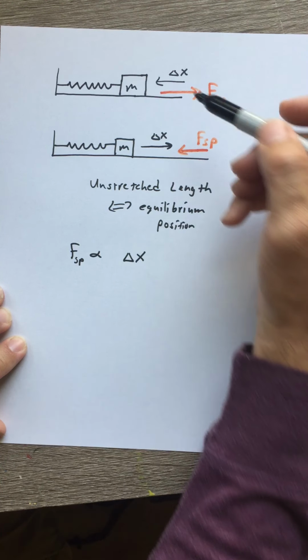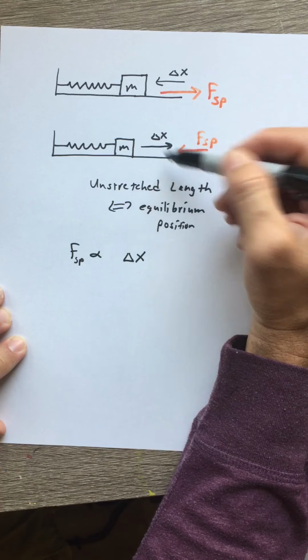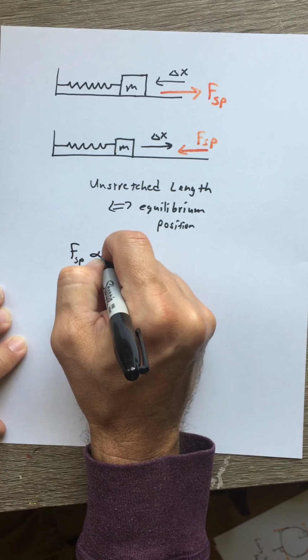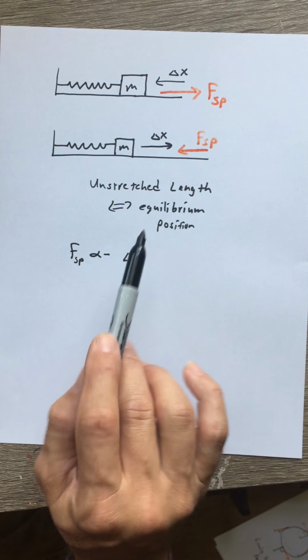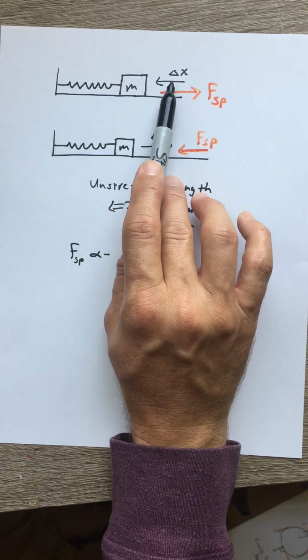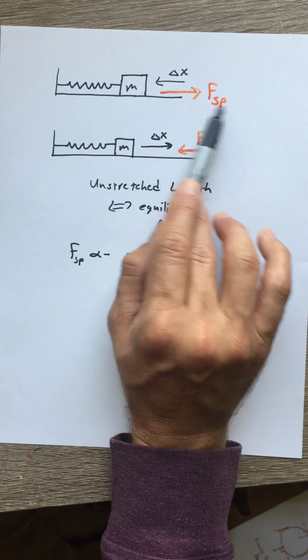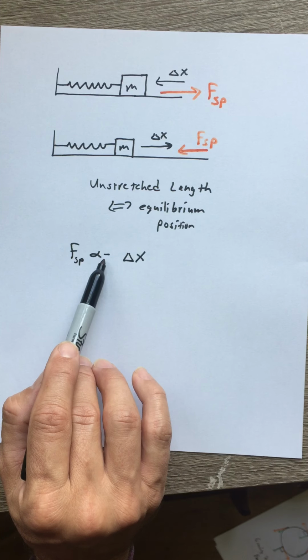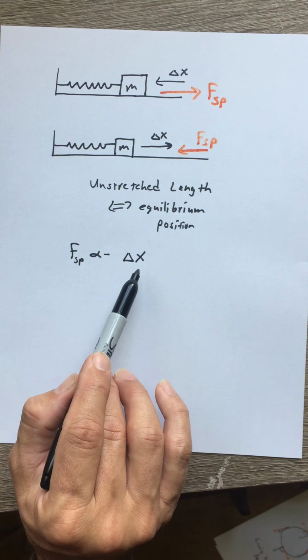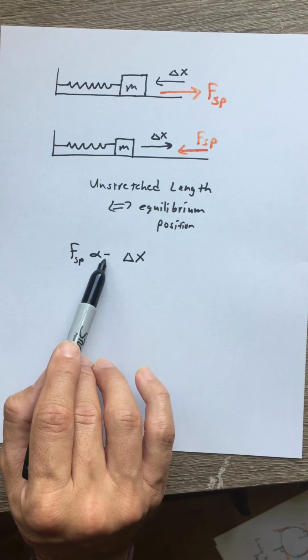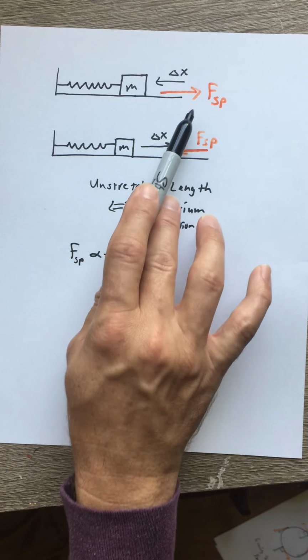What I said a while ago is it's always opposing delta x, so that invites us to include a negative sign. How is that the case? Well, if my displacement is negative, my force is positive. I get that from including a negative sign here. If delta x is negative, then the spring force turns out to be negative times a negative, positive.